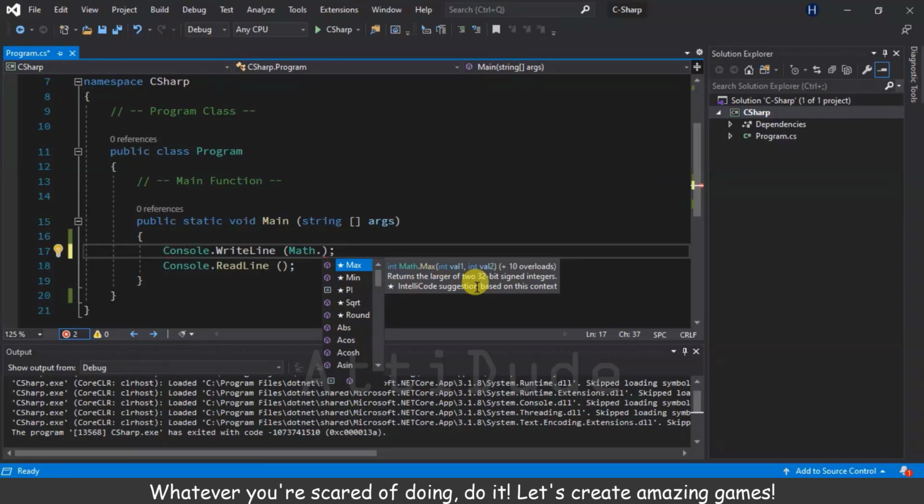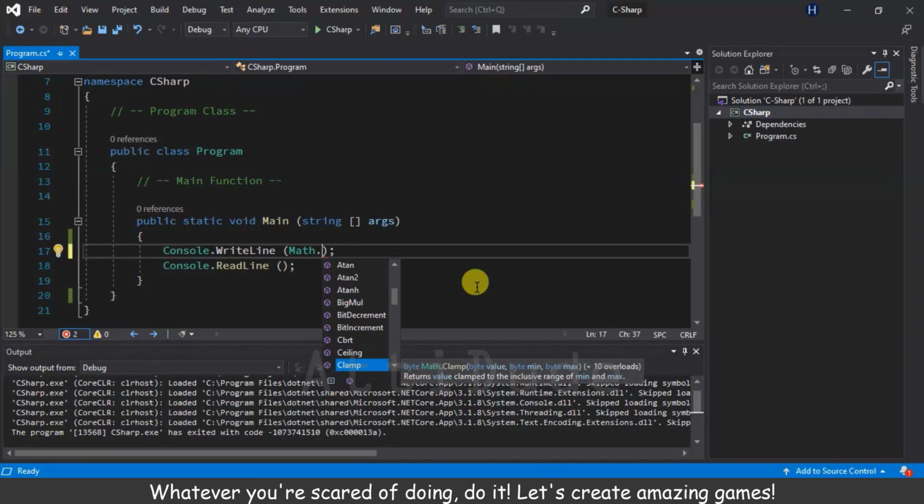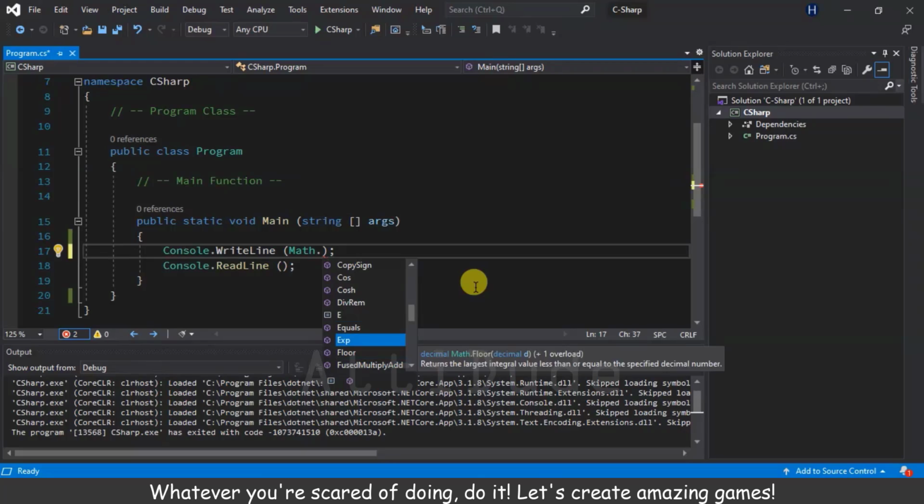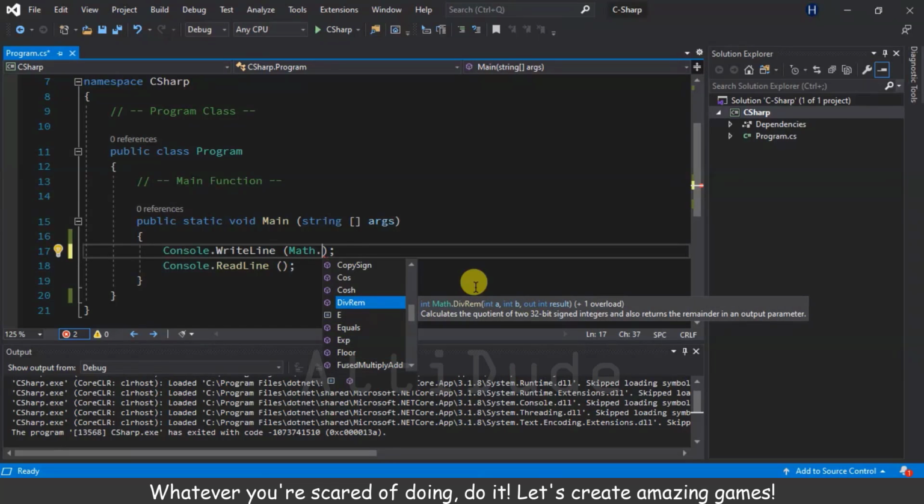There are a lot of different functions that you can get. I recommend you explore that. And I know most of the functions we're not gonna use. I can even use CopySign, DivRem, division remainder, I think it's that.